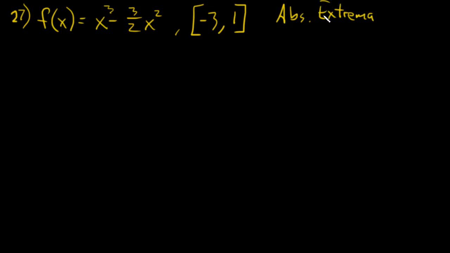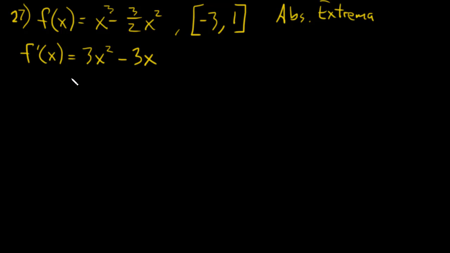So the absolute min, and the absolute max. So the way that we do that, first we need to find the critical values. So first off, let's take the derivative. F prime of x is equal to 3x squared minus 3x.